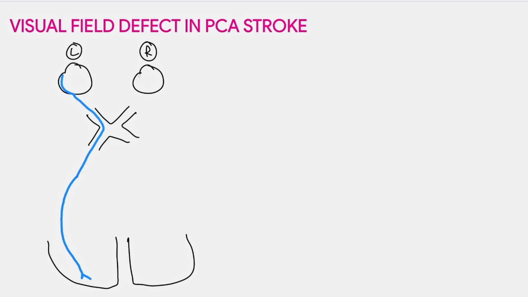Then the nasal fibers from the contralateral eye come and cross over, and travel along with the temporal fibers of our eye. So, in posterior cerebral artery stroke, there will be a lesion in the visual area number 17.